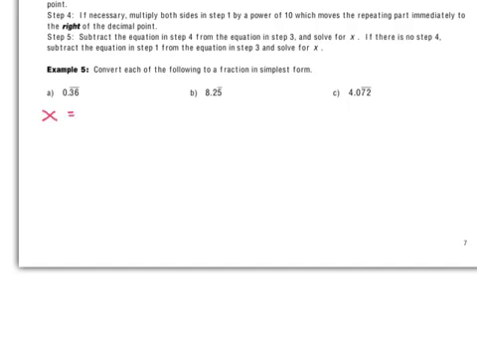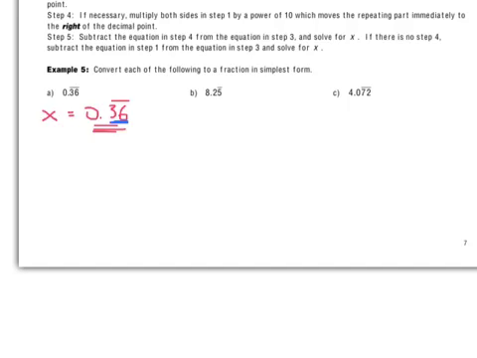So what I'm going to do is let x equal 0.36, which is my repeating number here. So I'm just going to label my repeating number as x. Okay. Then the next step, I look at my repeating part, and my repeating part is two decimal places, 3 and 6, the tenths and the hundredths.